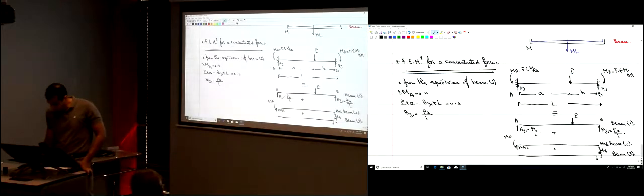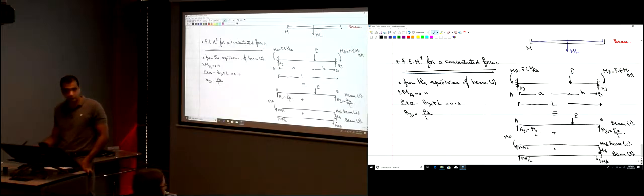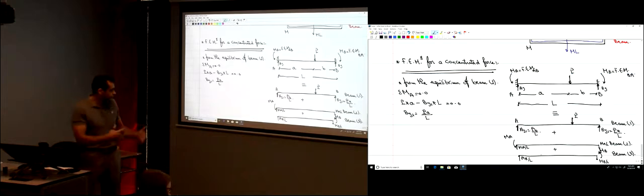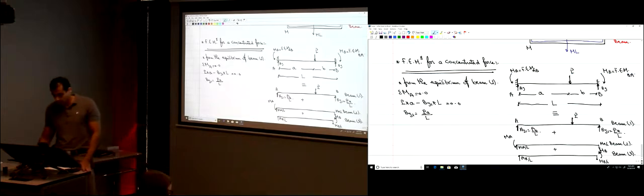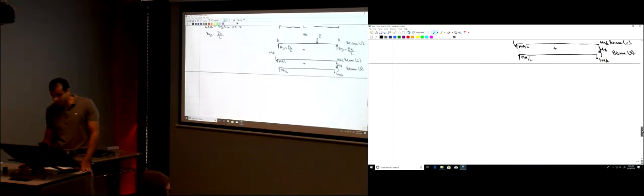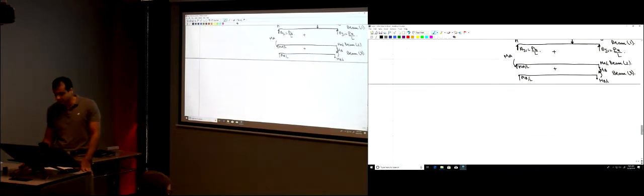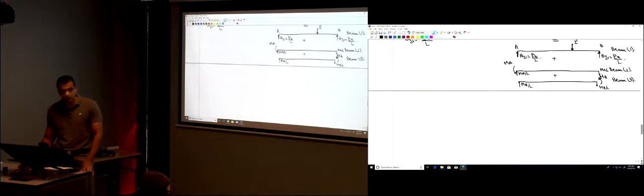This one is going to be MB over L, and this one is MB over L in the opposite direction, for each of those beams to be in equilibrium. So now, what I want to do is draw the bending moment diagram for each one of those three beams, and then sum them up, okay?